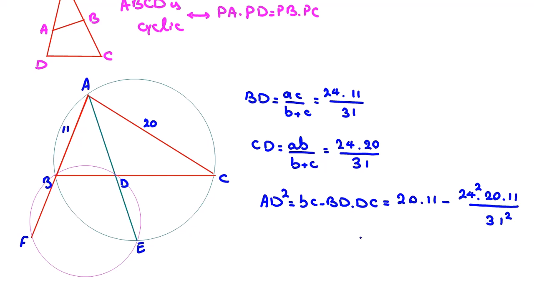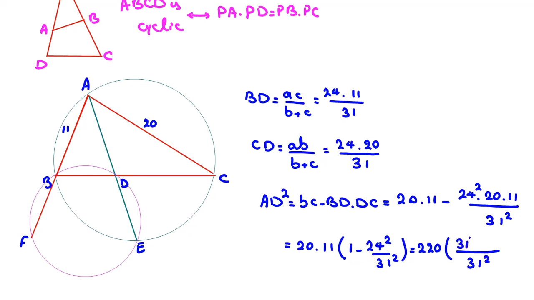Now for calculating this, we can factor out 20 times 11, and then it will be 1 minus 24 squared over 31 squared. Let's simplify more: 20 times 11, which is 220, over 31 squared, and in the numerator, 31 squared minus 24 squared.